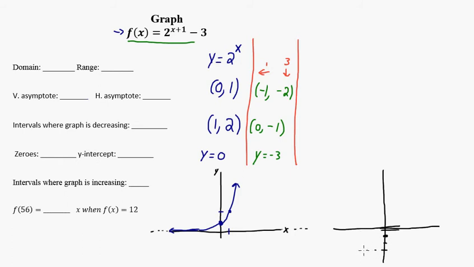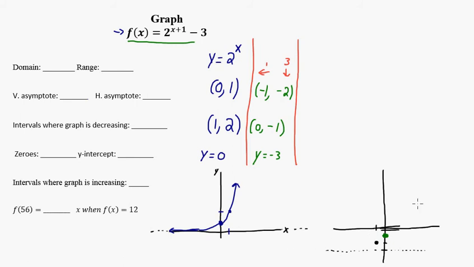So here's my horizontal asymptote. And one of the points is -1, -2, so -1, -2 is approximately right here. Other point 0, -1, which is approximately right here.